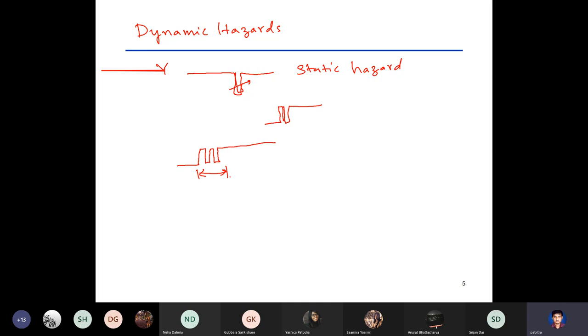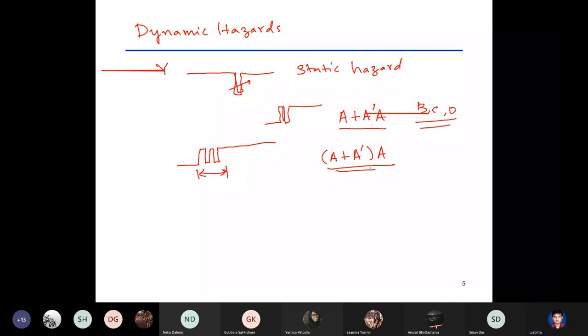Okay, so in dynamic hazard, usually it's a situation like this. For some input, let's say there are other inputs B, C, D. For some combination of B, C, D, if the function reduces to this form, then you can have a dynamic hazard.